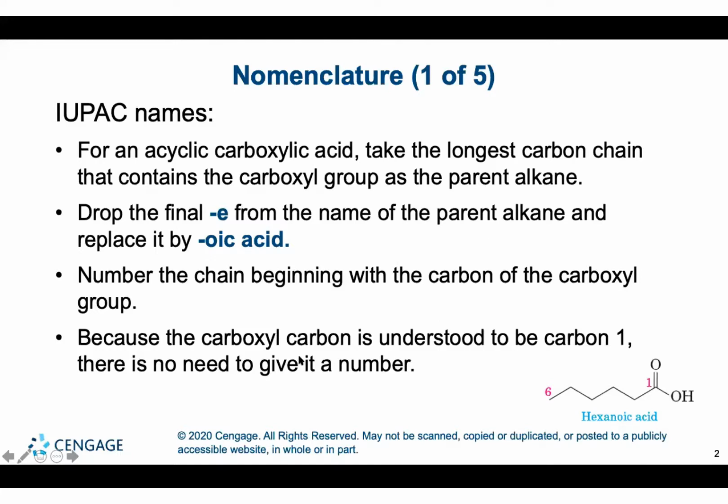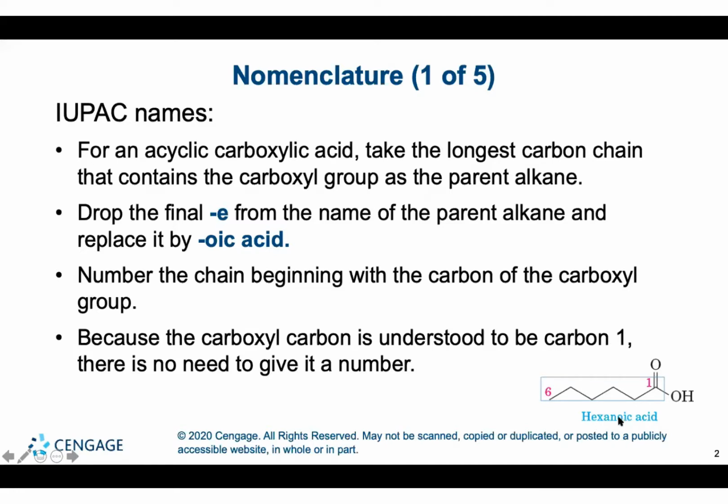For carboxylic acids, we always find the longest chain, which includes the carbonyl group. We start numbering from the carbonyl group. And we have here 1, 2, 3, 4, 5, and 6. So we have 6 carbons, which is hex, right?